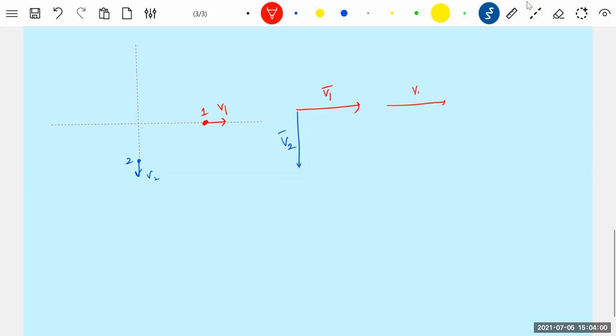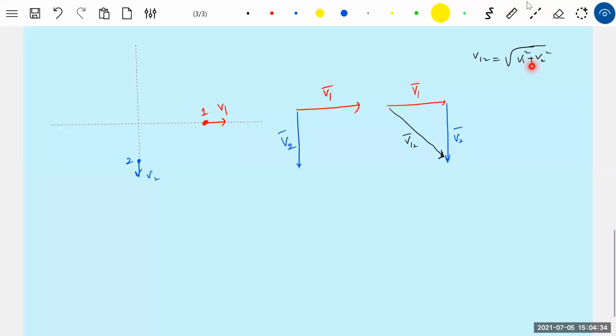So this will be V1 bar, this is V2 bar, and this is V12 bar. Okay, agreed. I think we know how to calculate V12. V12 is equal to the square root of V1 square plus V2 square. What about the angle? We can define the angle.